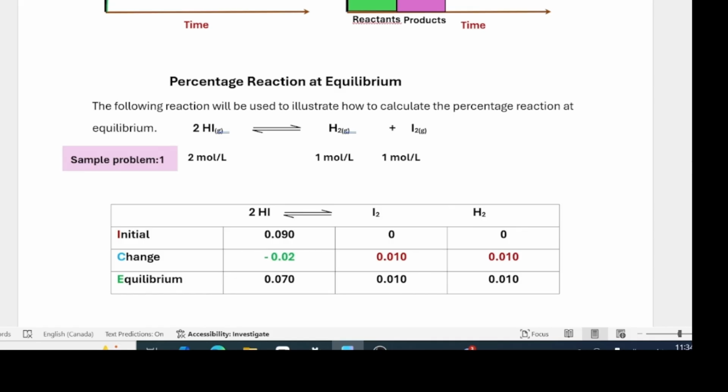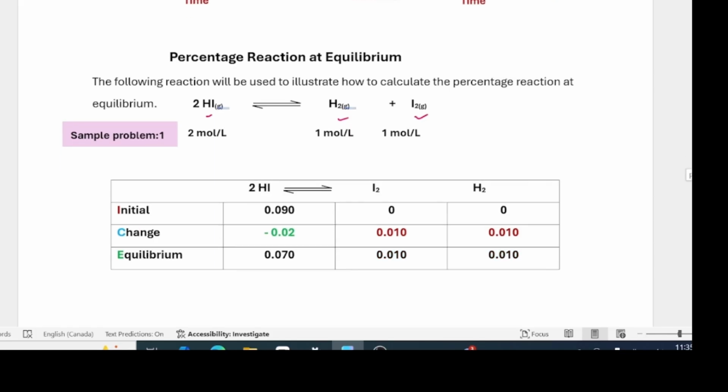This brings us to what is called percentage reaction at equilibrium. So in this first sample problem, we are having hydrogen iodide decomposing to give hydrogen and iodine in a 2 moles per liter to 1 mole per liter and 1 mole per liter mole ratio.